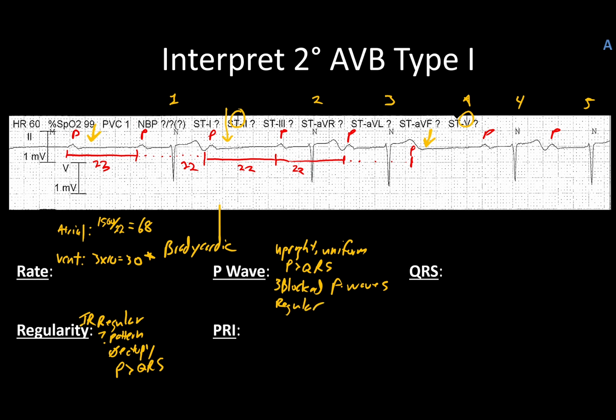Now, let's go ahead and measure the PRI as best we can. We'll start with this first one. And we'll say that it is from here to about right there. And that comes out to 10. Now we have our drop. And then our next one is from here to about right here. And that is 10 again.